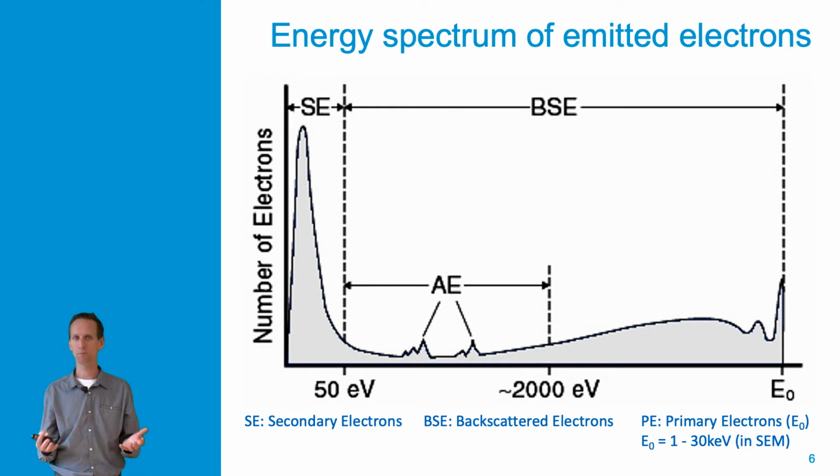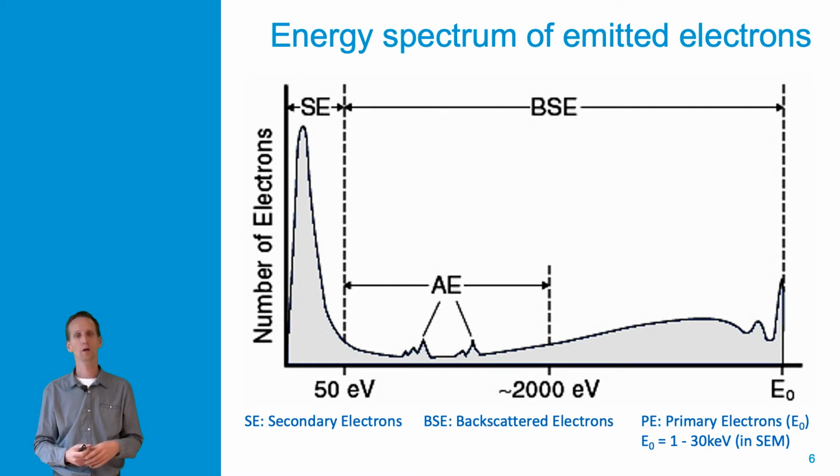Then we see a very broad continuum with a small amount of minor peaks, which are the Auger electrons, which we will ignore in this lecture series. And then in the end, we get a few peaks and a final peak at E0, which is the primary beam energy and the backscattered electrons.